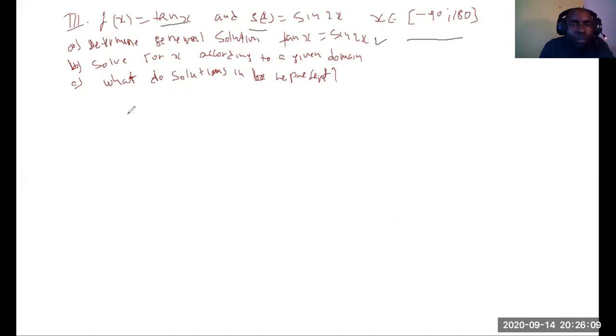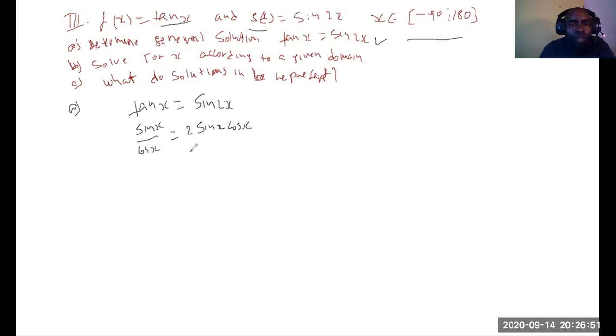So if we have got tan x equals sin 2x, we need to be able to find our general solution. We can change this using our identity. We know that tan x will be equal to sin x over cos x. And you can also use our double identity, which will be equal to 2 sin x cos x.